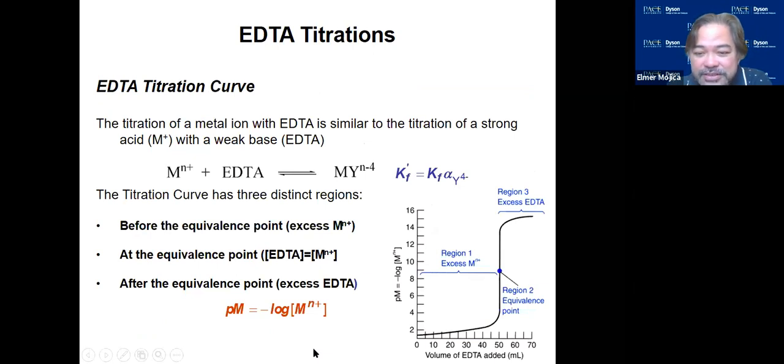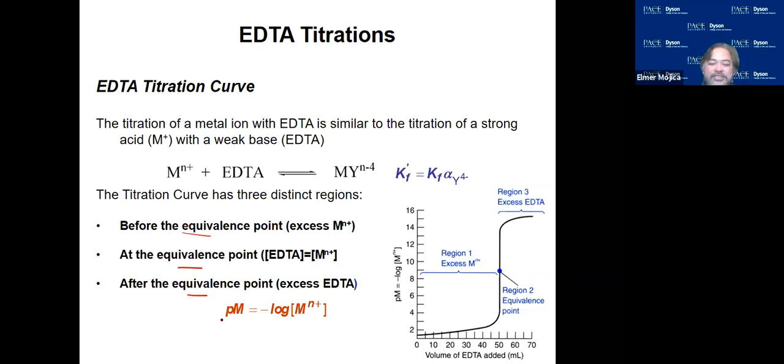Okay. Now, in terms of the titration curve that we have, it's the same thing as the equivalence point that we learned in precipitation titration. So we have before the equivalence point, at the equivalence point, and after the equivalence point.